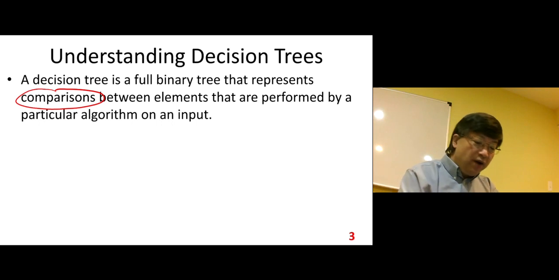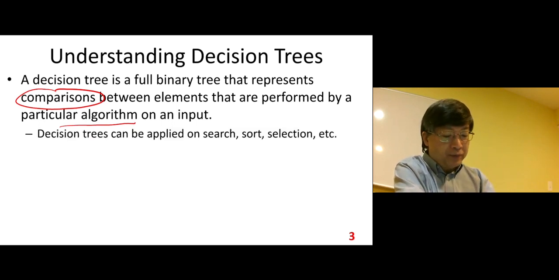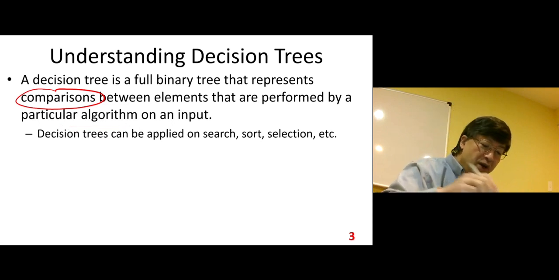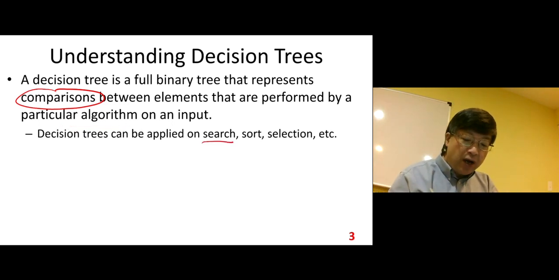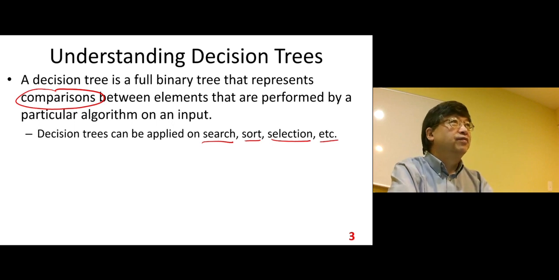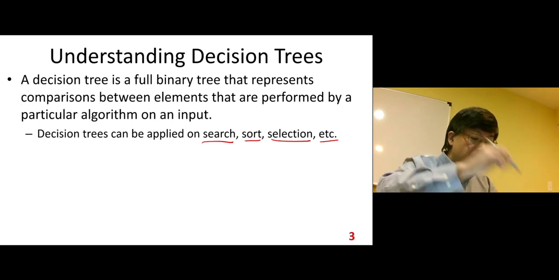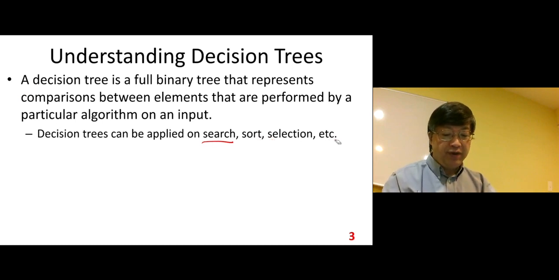So we only mention comparison-based algorithms, not necessarily sort. It could be more general than sort. So the decision trees can be applied to search algorithms, sort algorithms, selection algorithms, etc. If it's a comparison-based algorithm, then we can apply the decision tree method on it to do analysis. So this is the first important property we need to know.